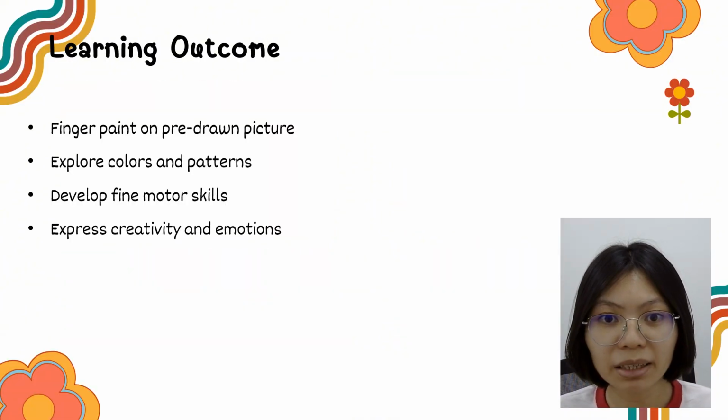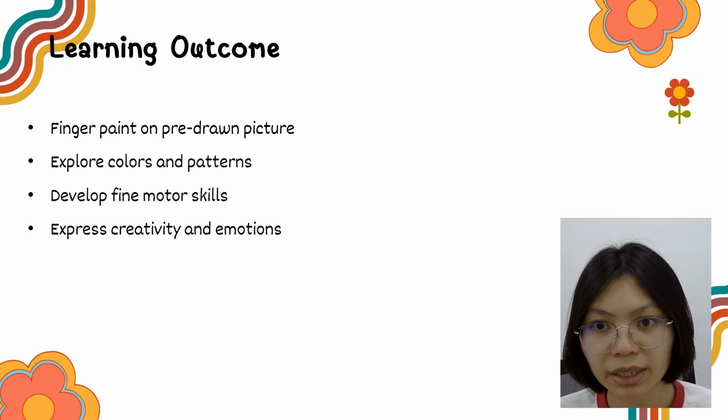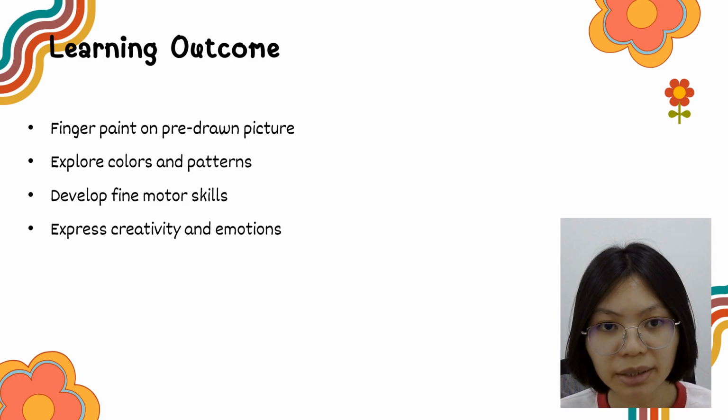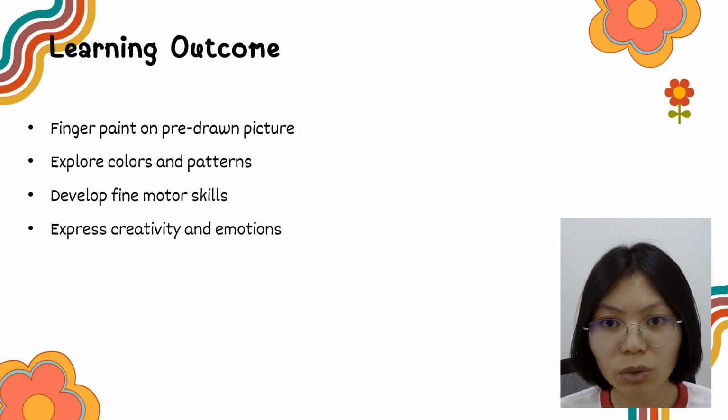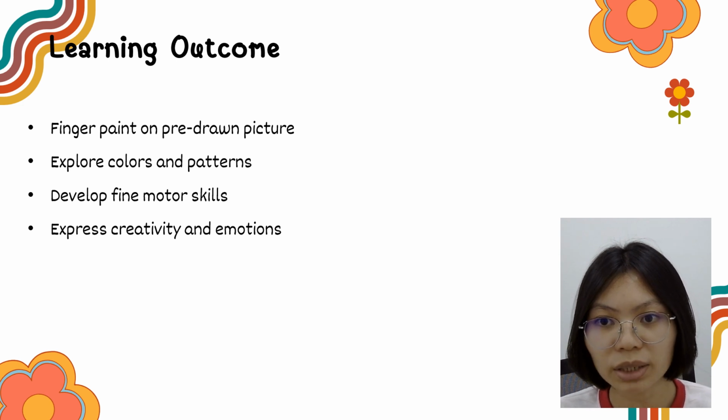In the finger painting fun activity, children will explore the use of different colors by placing their fingers onto a pre-drawn picture. They will develop fine motor skills and hand-eye coordination while experimenting with color placement and patterns.